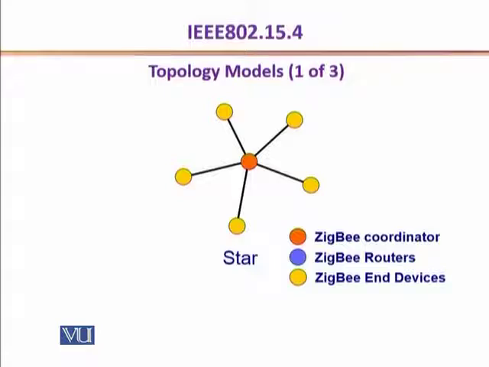In ZigBee terminology, the main central node, the coordinator, is called the full function device, and the devices on the leaf or on the edge are called the end devices.